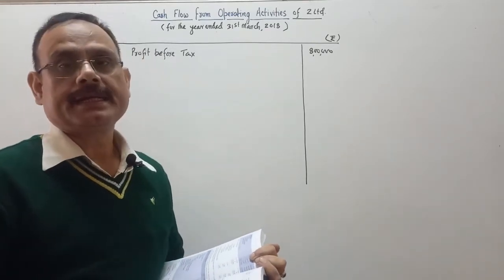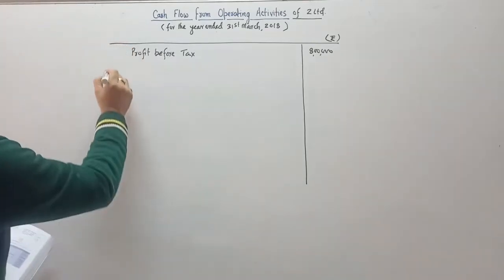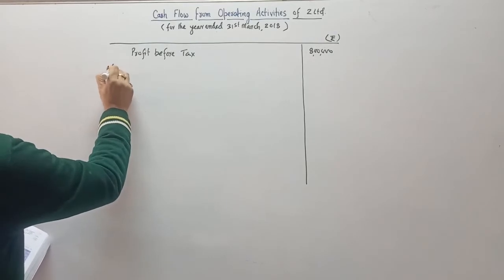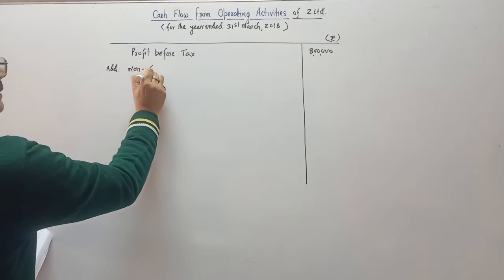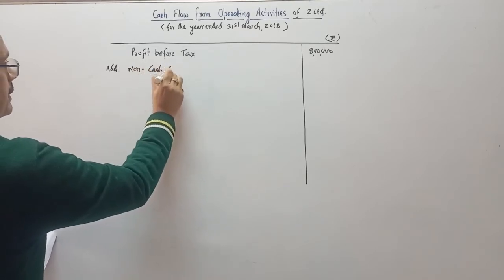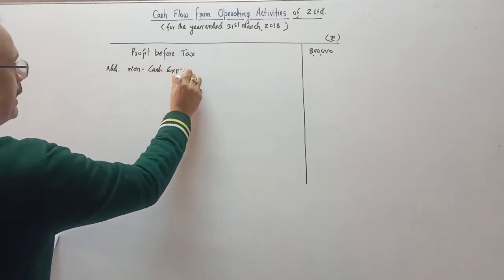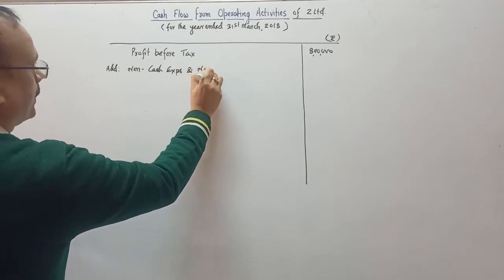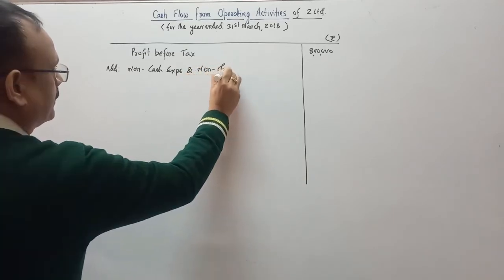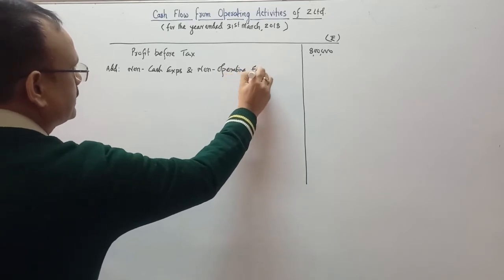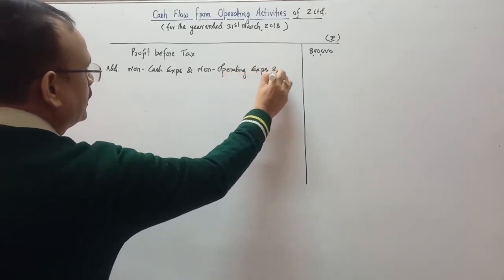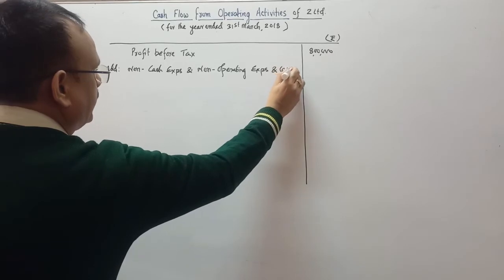Thereafter depreciation and amortization, it's a non-cash expense, so we will add non-cash expenses and non-operating expenses and losses if any.